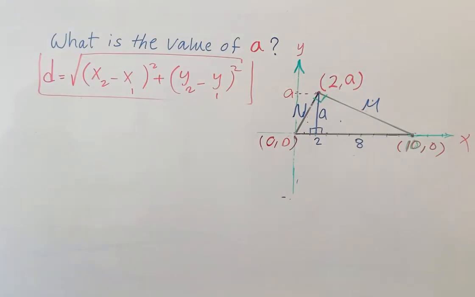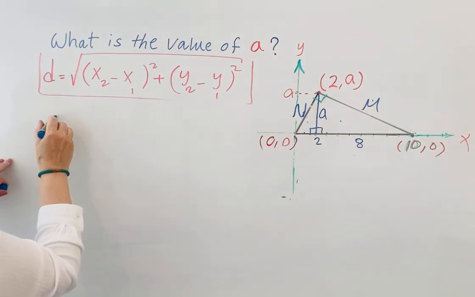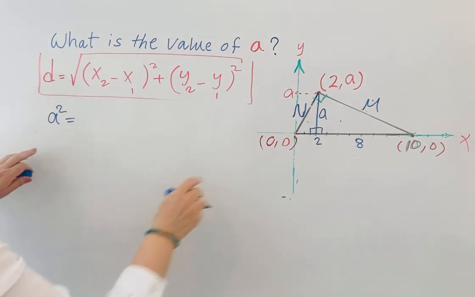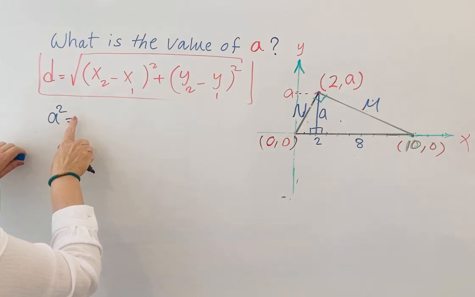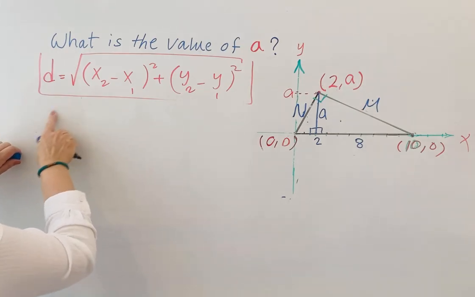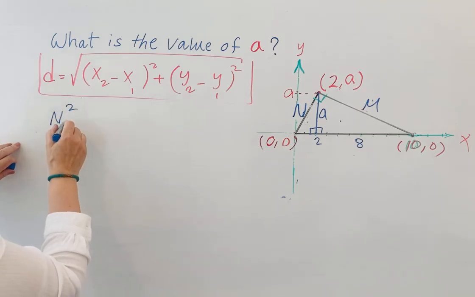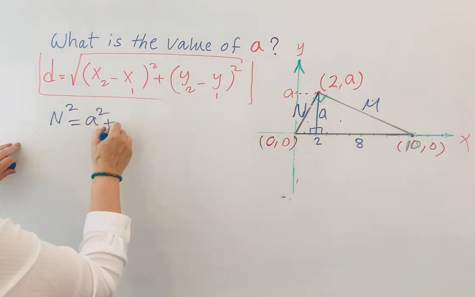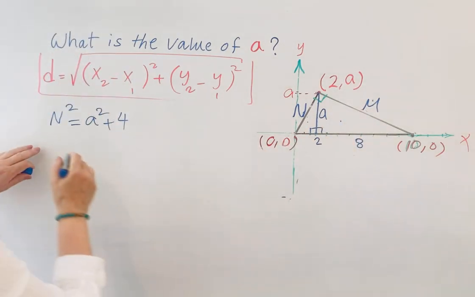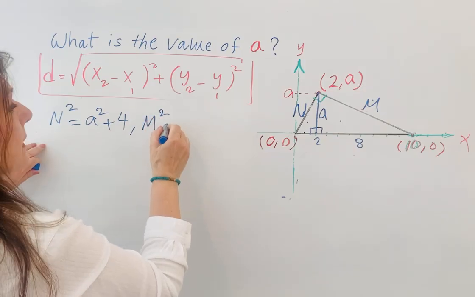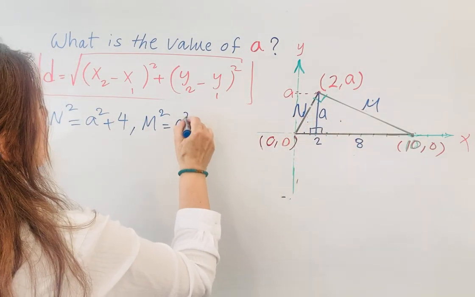The height is A. From this right triangle, I can say n squared is equal to a squared plus 4. How about the other one? The other one, we can say m squared is equal to 8 squared plus a squared.